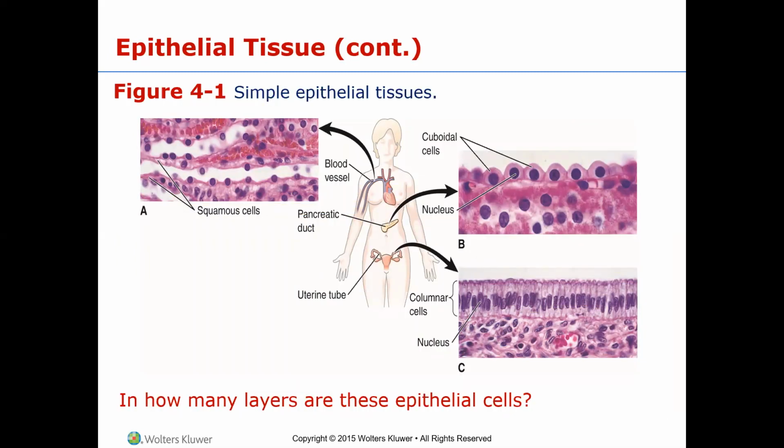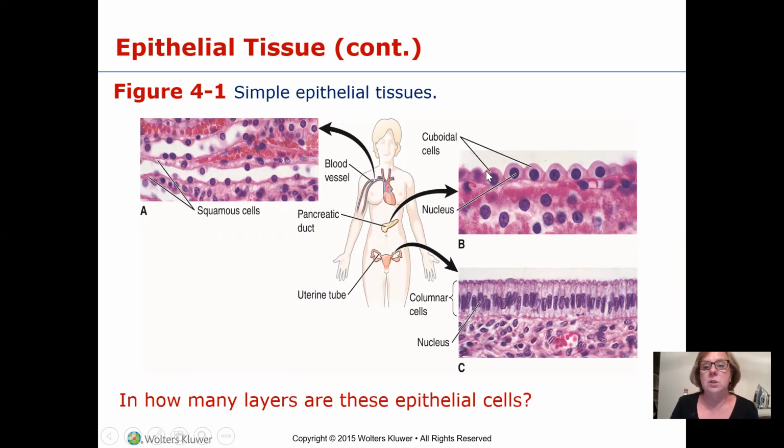So if you look at this, in terms of the simple epithelial cells, these are examples of them, and it's just in one layer, and the nuclei are very defined and they're round, and then they can be found in blood vessels.